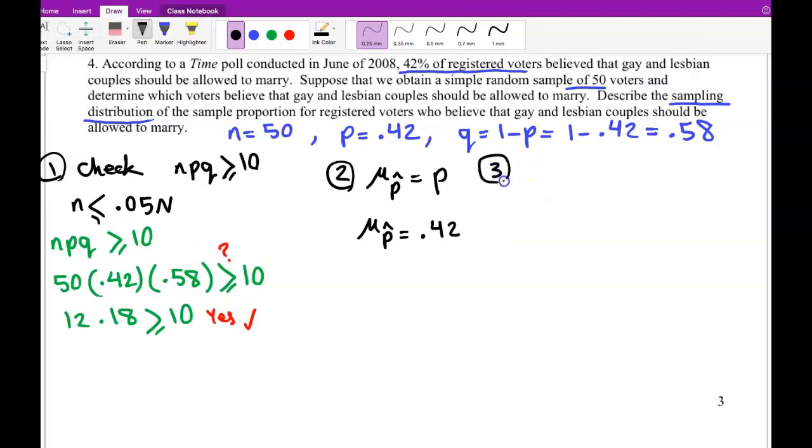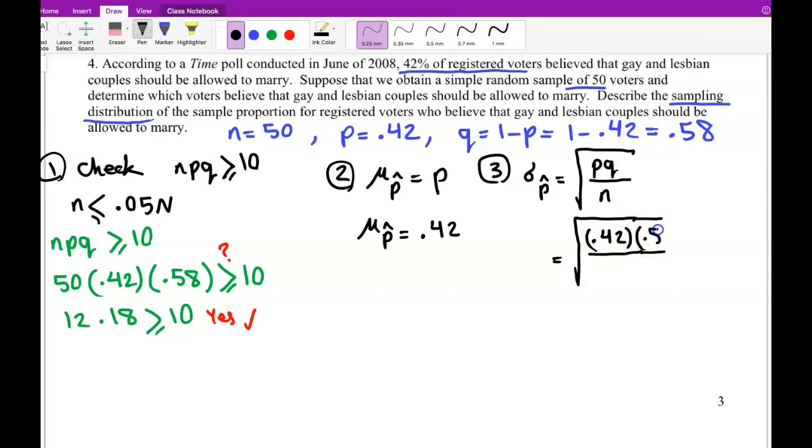Okay, and then the standard deviation of the sample proportion is equal to the square root of p times q divided by n. So p is 42%, q is 58%, and n is 50.